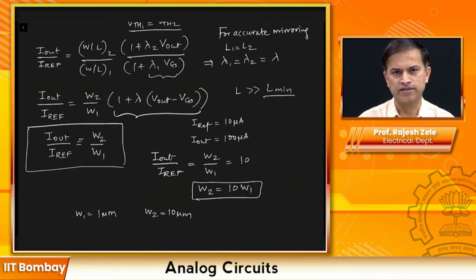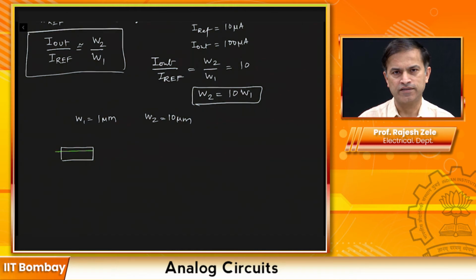I'm going to explain this particular nuance, and hopefully you'll appreciate it as we go along. This is where the basic analog circuit design techniques come into play. You could draw the transistor. This would be your diffusion area. This is your poly, something like this.